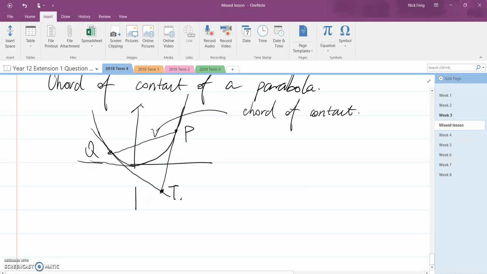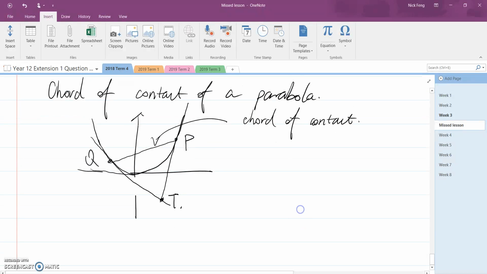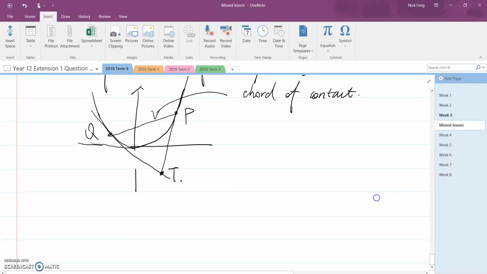And remember, the chord of contact has only a Cartesian form. There's no parametric form. In order to derive the equation of the chord of contact, this is actually quite a complicated process. You have to understand this, so you might actually want to watch this several times. First of all, we derive the chord of contact from these two points.